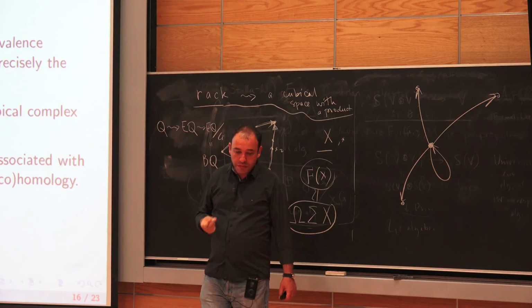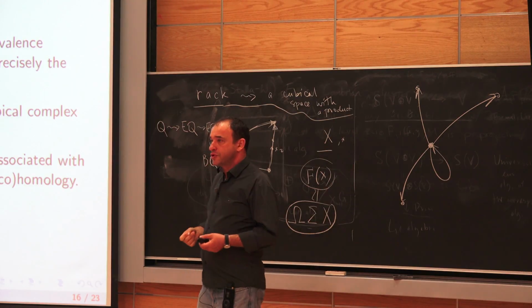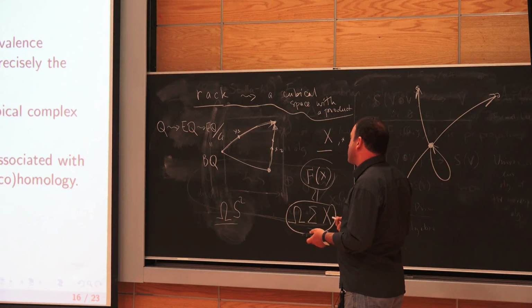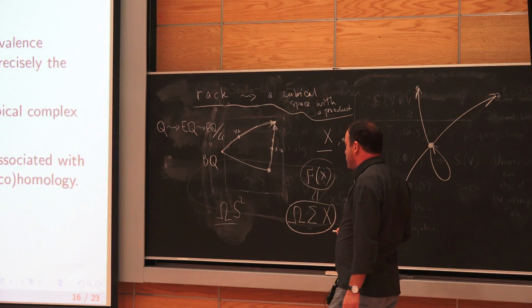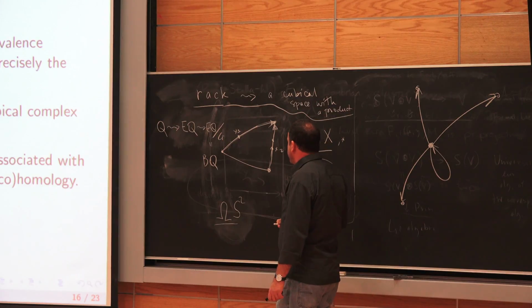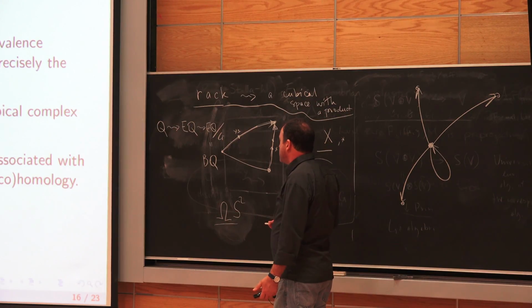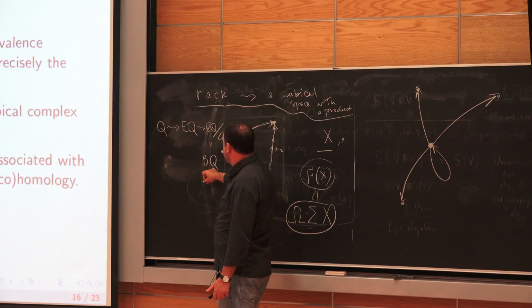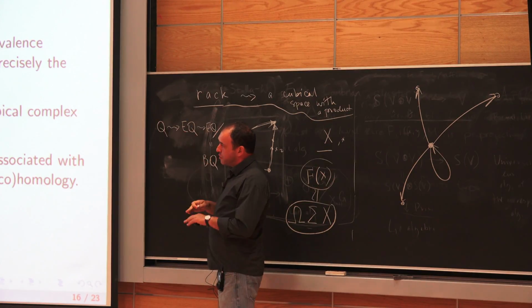Now, somehow, people who study rack homology and cohomology proved some properties of this rack homology which don't seem to be obvious at all if you don't know that there is a product on this space.